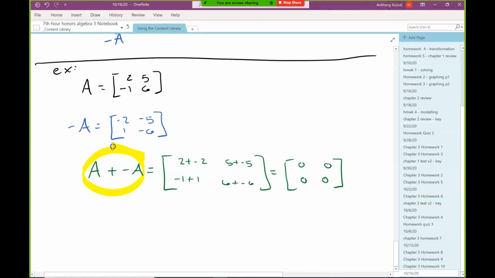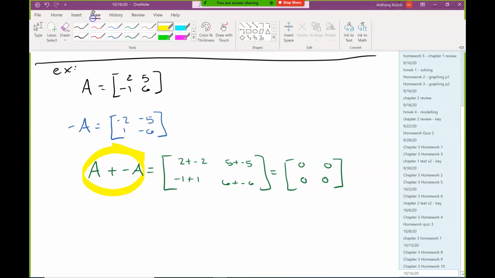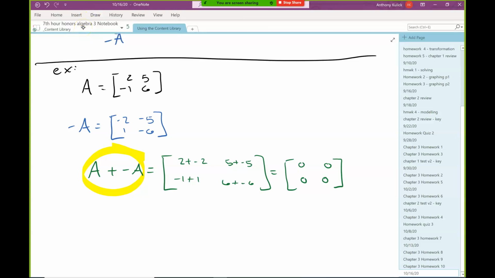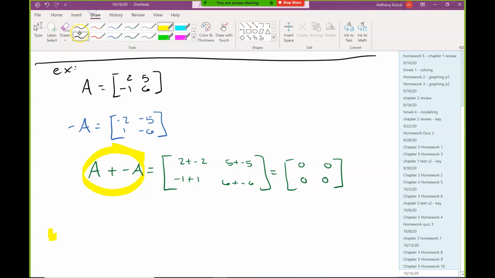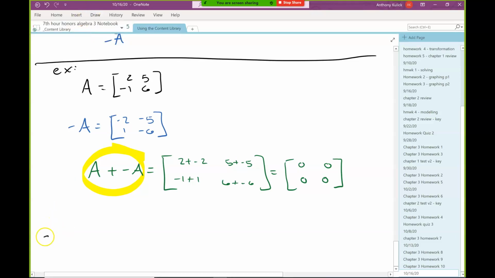Real quick, what does this operation look like? Subtraction. Guess what we can do now? We're going to define matrix subtraction. I think that's now operation number 2.